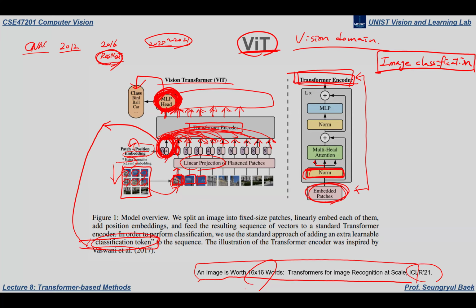Anyway, we are converting these image tokens into key, query, and value and applying the multi-head attention and mapping it to the class probability. So one output of this transformer encoder is mapped via MLP to the class probability. That's the vision transformer.